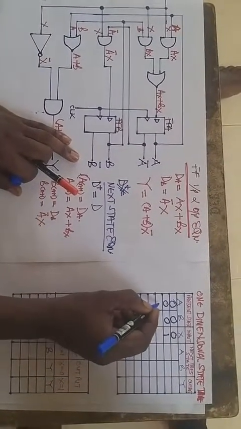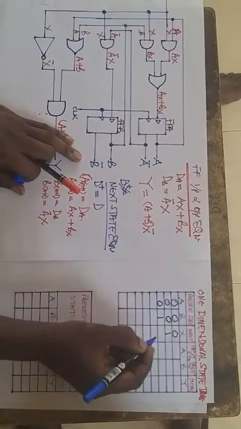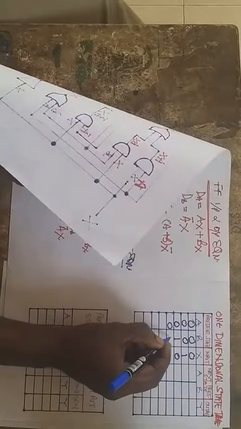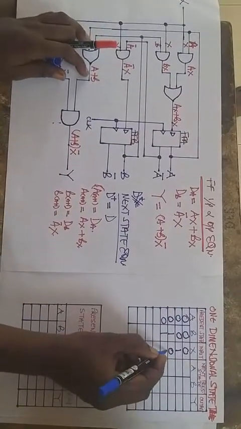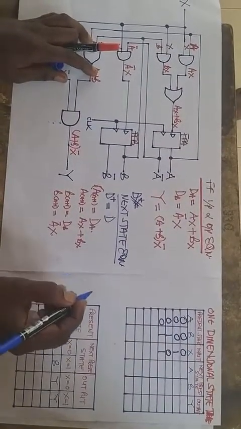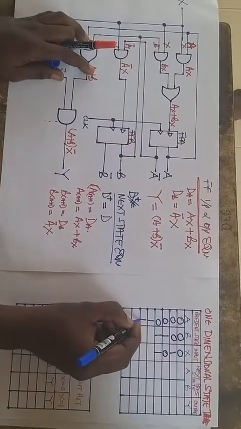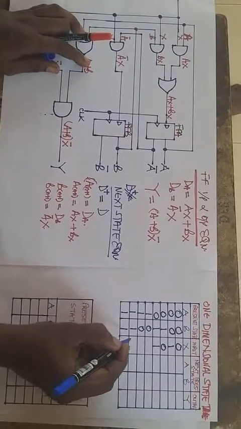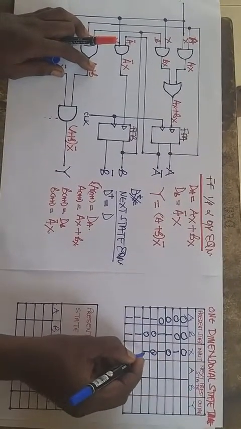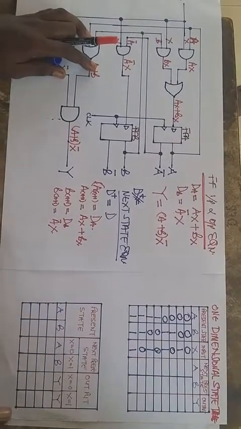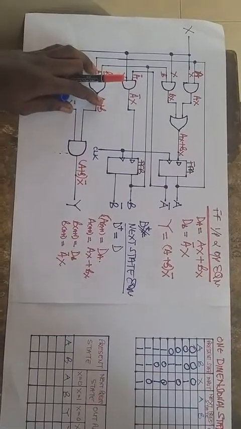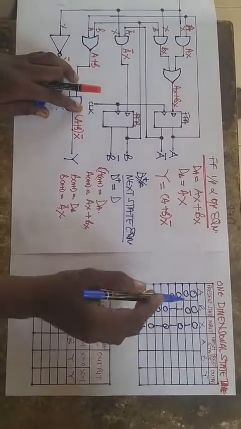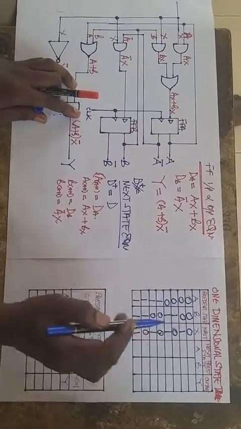Then A is 0, B is 1, and the input is 0. A is 0, B is 1, and the input is 1. Okay, so let's complete it. So we have our present state, and then we have our input.